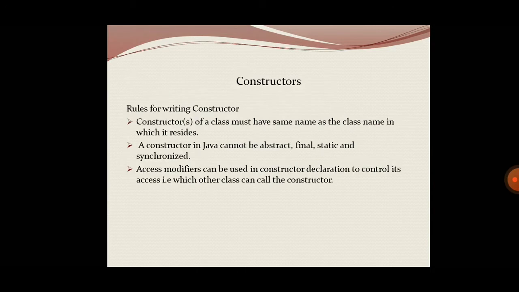Next, let us see about the constructor. One important rule of a constructor is that the constructor of a class must have the same name as the class name. So the class name and the constructor name should be the same. The constructor in Java cannot be abstract, final or static.